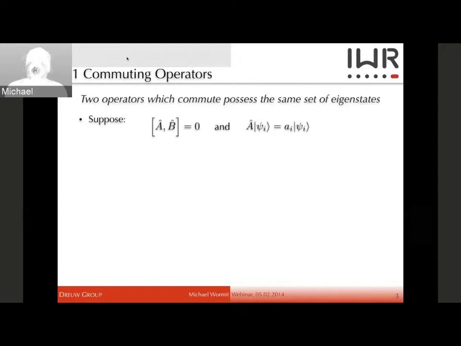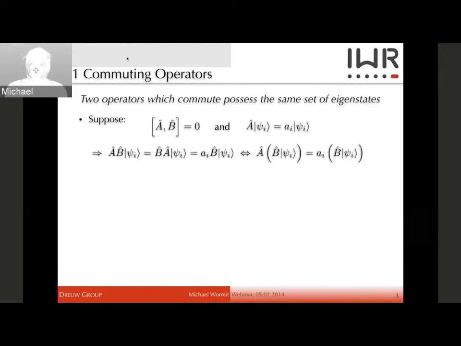And we have a set of eigenstates for one of the operators, A, which is the equation on the right. Then we apply both A and B to psi I, the eigenstate of A, and we use the commutation relation to swap these two around.